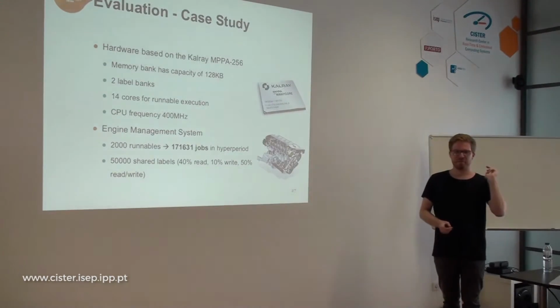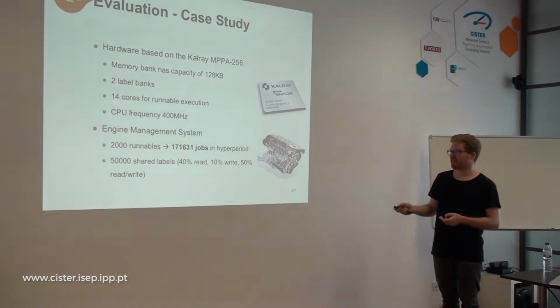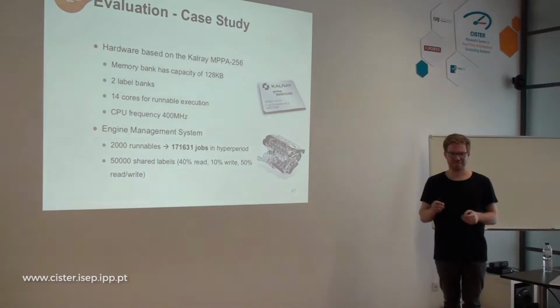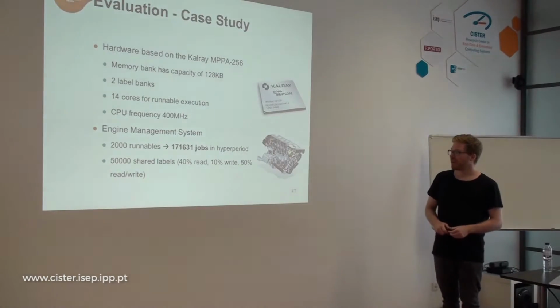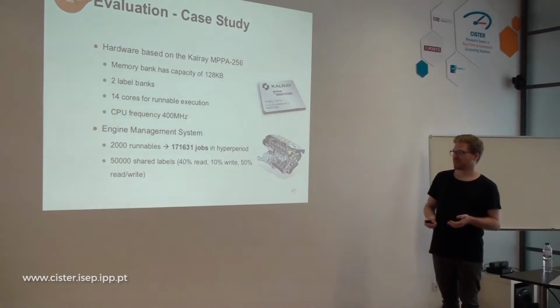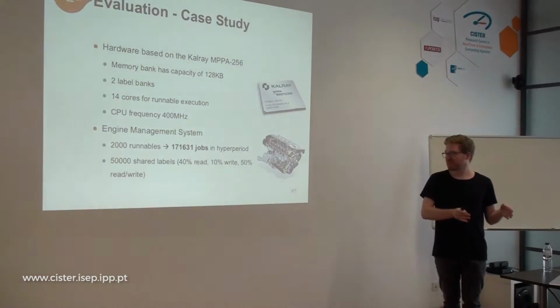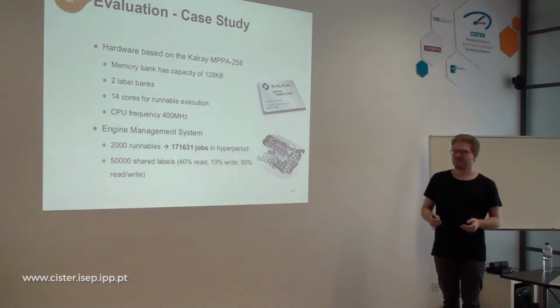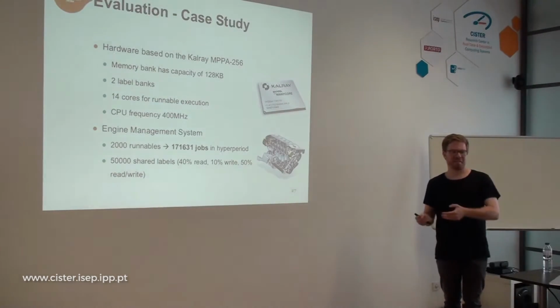And if you remember, we have to schedule 2 units per job, so actually we have almost 300,000 things to schedule. All those runnables communicate using 50,000 shared labels. Out of those 50,000 shared labels, 40% are only accessed by reading, 10% only accessed by writing, and 50% accessed by reading and writing.